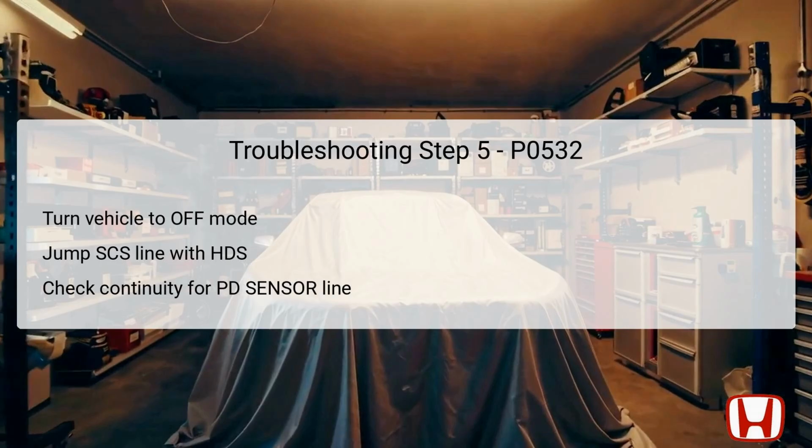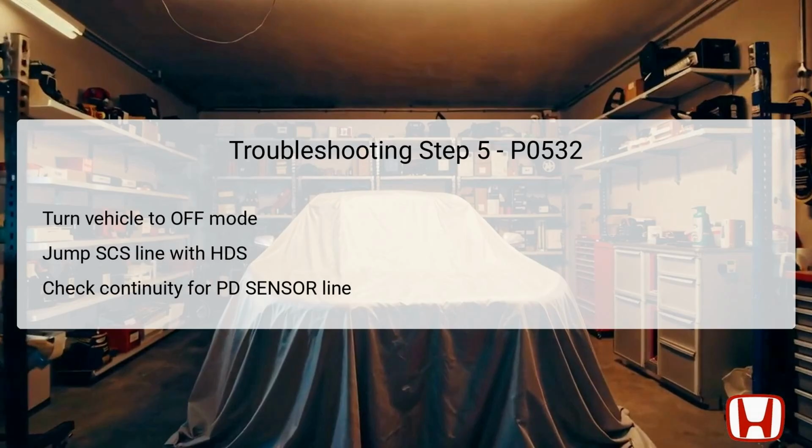Again, place the vehicle in off-lock mode and perform the SCS line jump with the HDS, waiting over 1 minute for thorough diagnostics. Disconnect PCM connector A, 51P, to continue isolating various segments of the electrical system. Measure continuity between the AC pressure sensor's number 2 terminal and body ground.